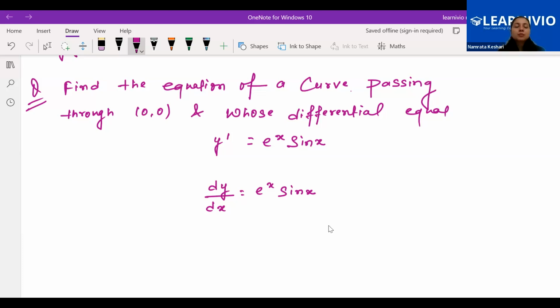After this we will be discussing the homogeneous differential equation, but there we have to identify that it belongs to the category of homogeneous. Then we can use the method for homogeneous differential equations. This is variable separable. So till now you must have realized how to check whether this approach will work or not.